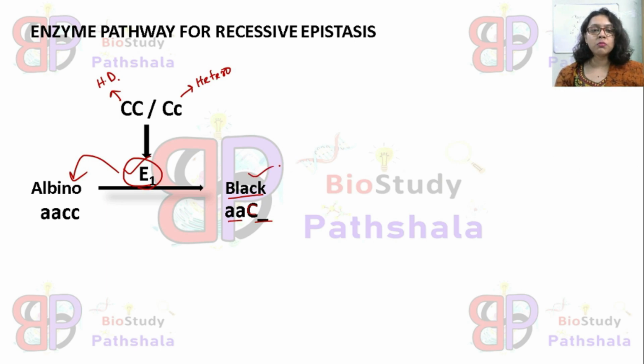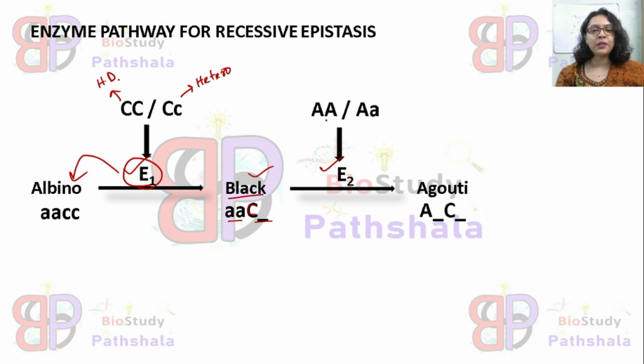Now this black pigment is transformed to agouti, which is coded by capital A dash, capital C dash, and this transformation is due to the activity of E2 enzyme. This E2 enzyme is the product of capital A or capital A small a.